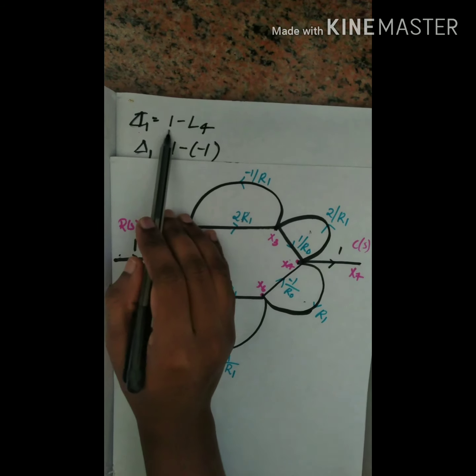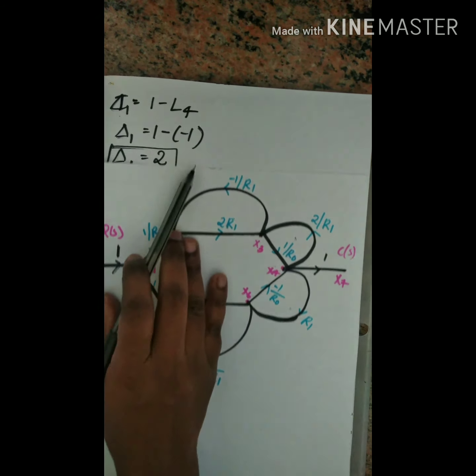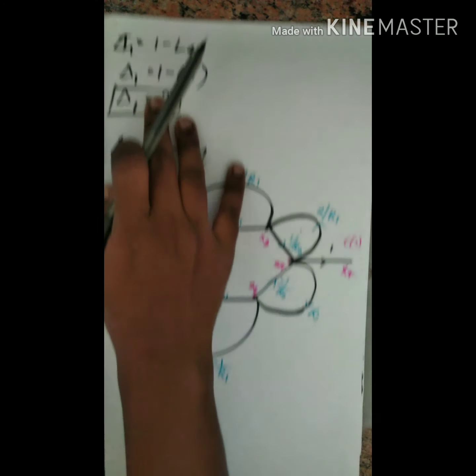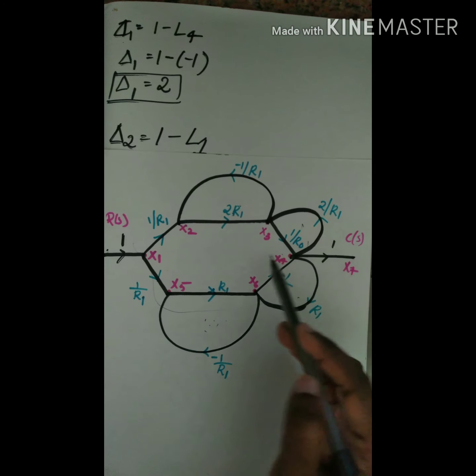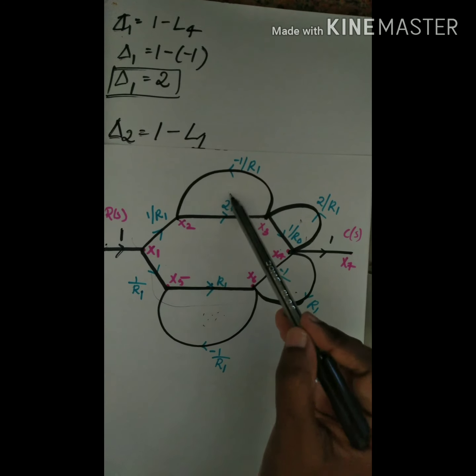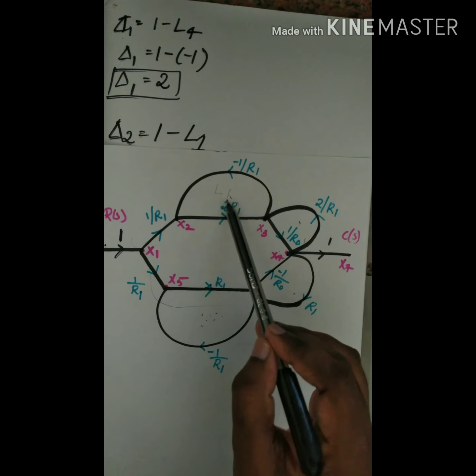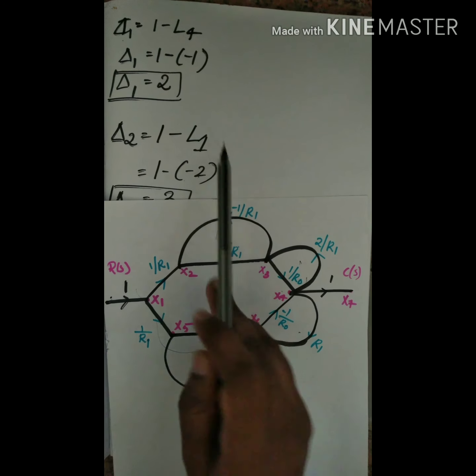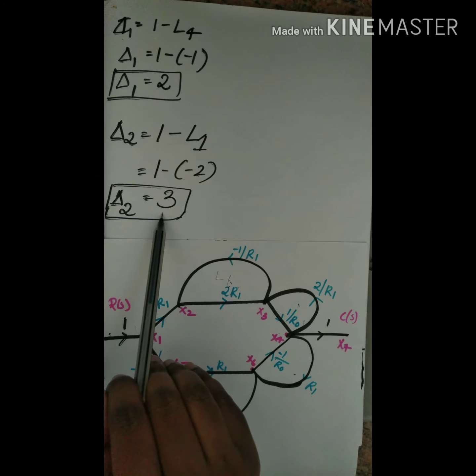So delta 1 is equal to 1 minus L4. The resulting delta 1 is equal to 2. And again, delta 2, that is, this forward path is non-touching with this particular loop which we have considered to be L1. So the gain of this L1 is minus 2 and delta 2 becomes 3.